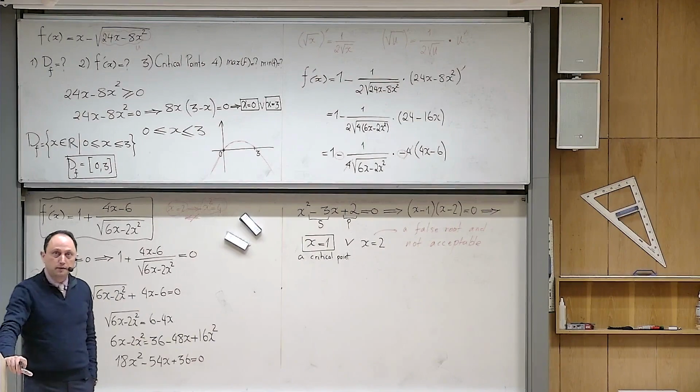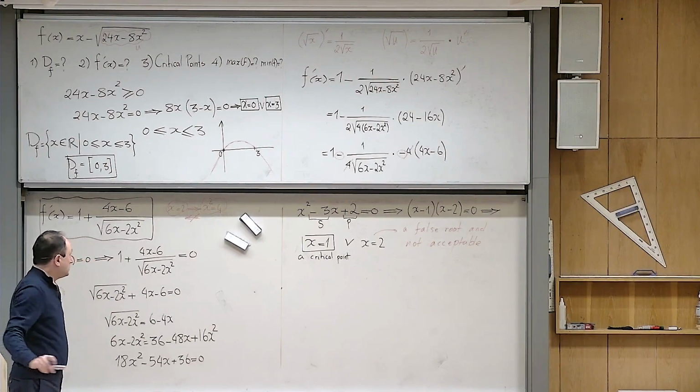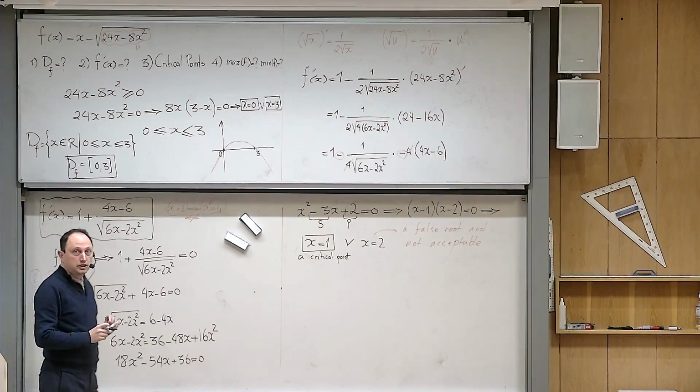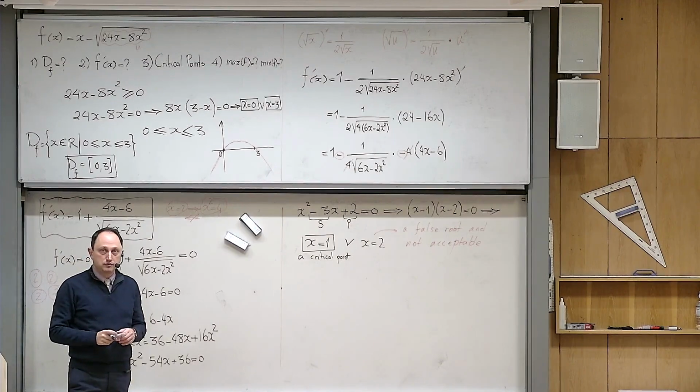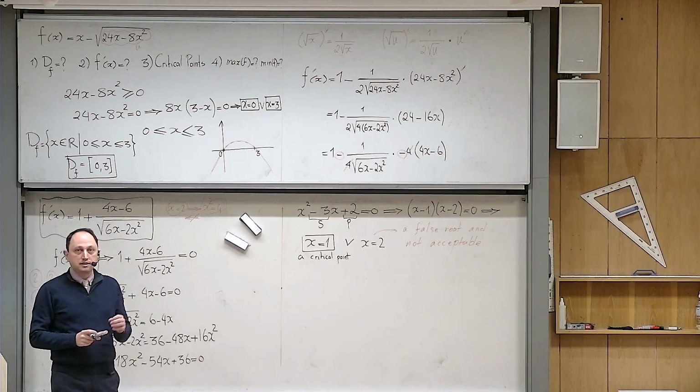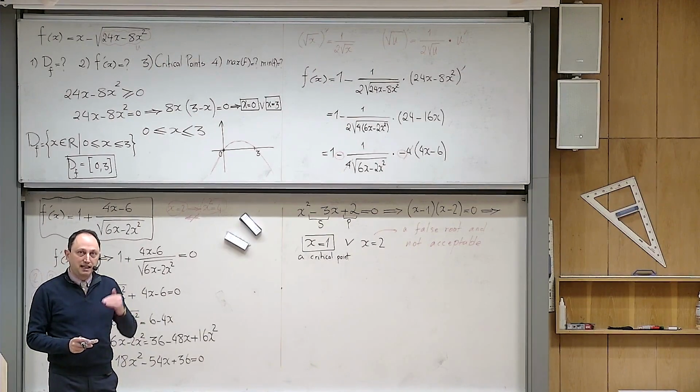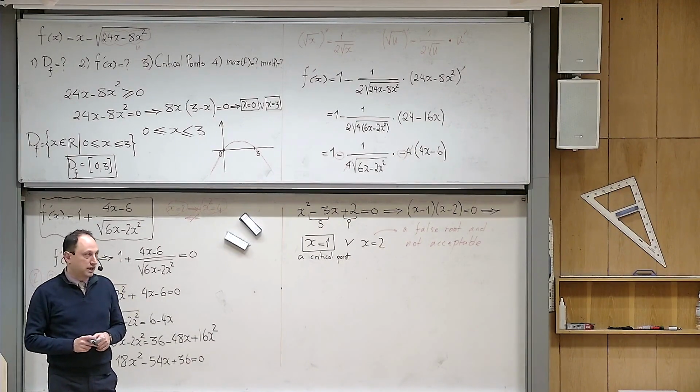So there is a theorem in the book that you know that if you have a function which is continuous on a closed interval, it is guaranteed that this function has a maximum and a minimum. So it will attain its maximum value and its minimum value.